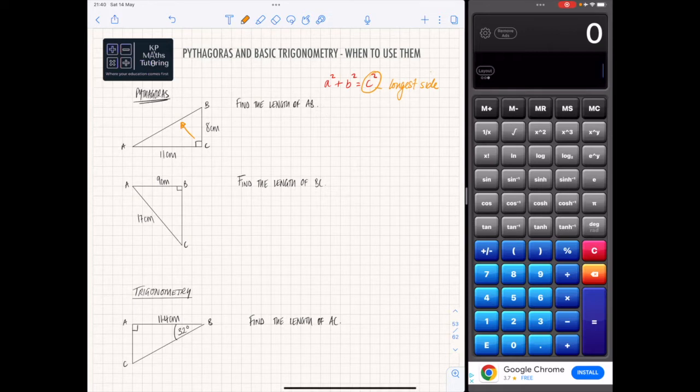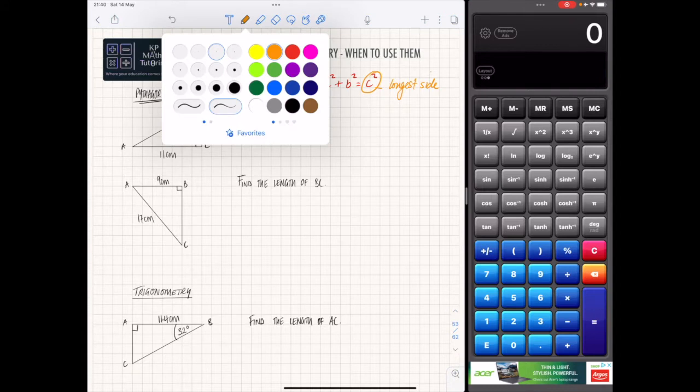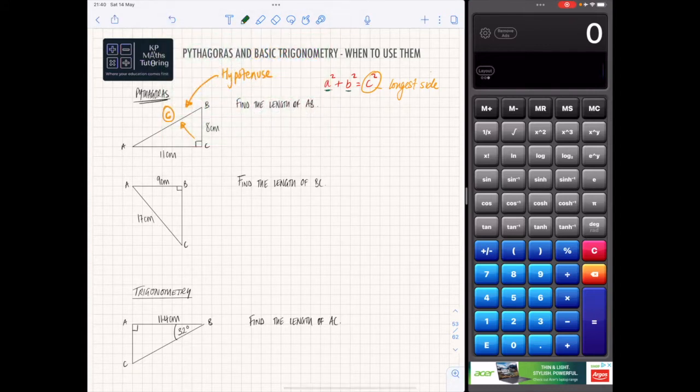That's called your hypotenuse, H-Y-P-O-T-E-N-U-S-E, and that is your longest side. So in this example, that side is called C. Then A and B are the other two sides. It doesn't matter which is which. There's A and there's B.